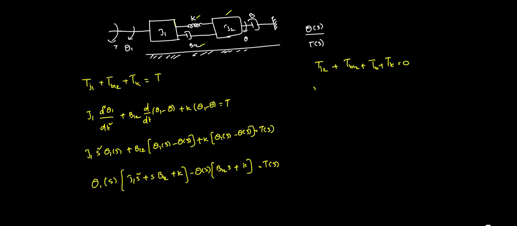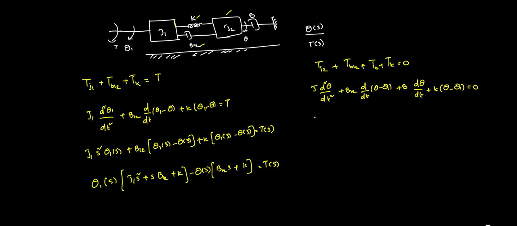So T J2 is J2 d square theta by dt square plus B12 into d by dt of theta minus theta 1 plus B into d theta by dt plus K into theta minus theta 1 is equal to 0.